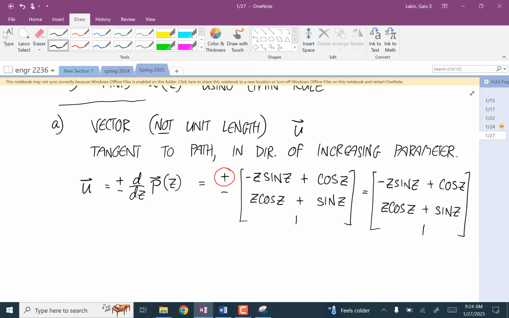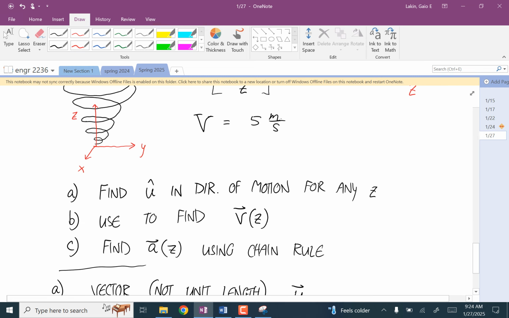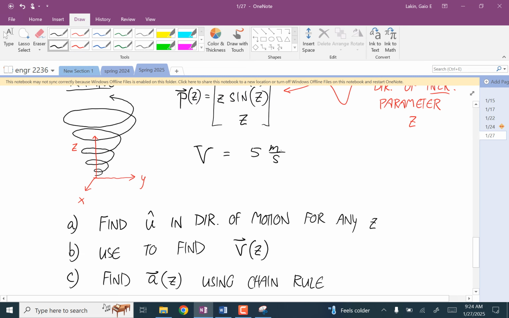Now, at every instant, at every z value, this is in the direction of motion of the particle. That's what's cool about this. But it's not a unit vector yet. And we need it to be a unit vector because we want to multiply it by the speed and have it represent the velocity vector.